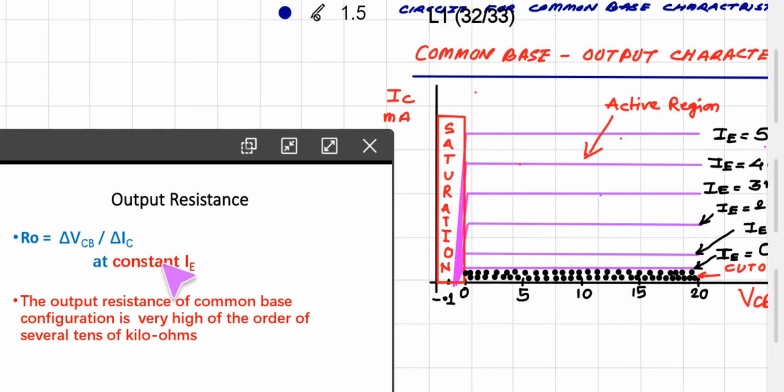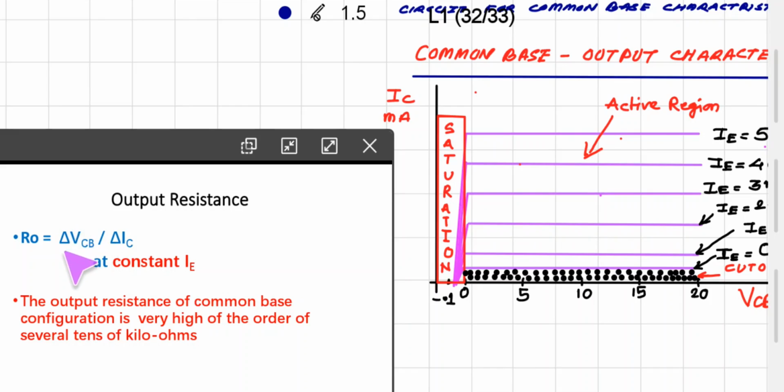Here the output resistance can be measured by the ratio of delta VCB with respect to delta IC. So you see that the change in VCB, say between these, is 5, but you observe that there is no change in collector current.